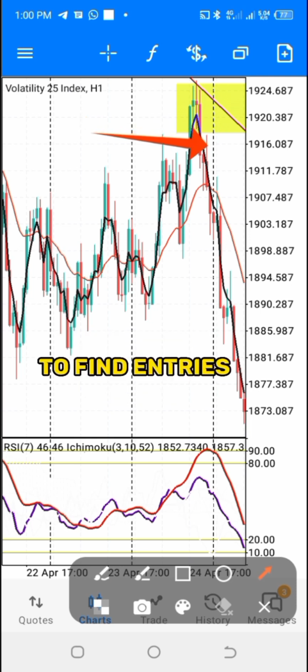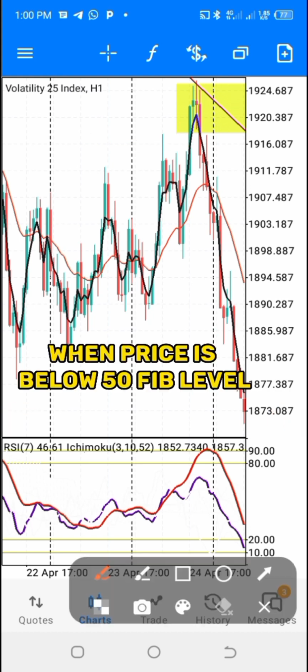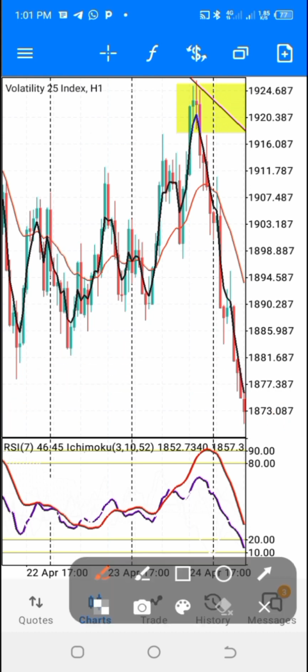This pullback on a lower time frame, probably M30. Right, let me show you. Let me go to M30.